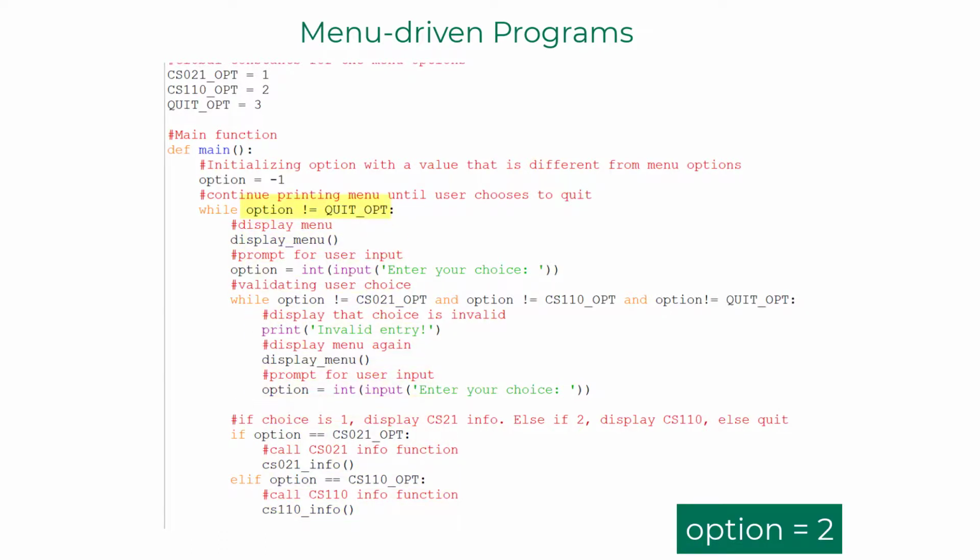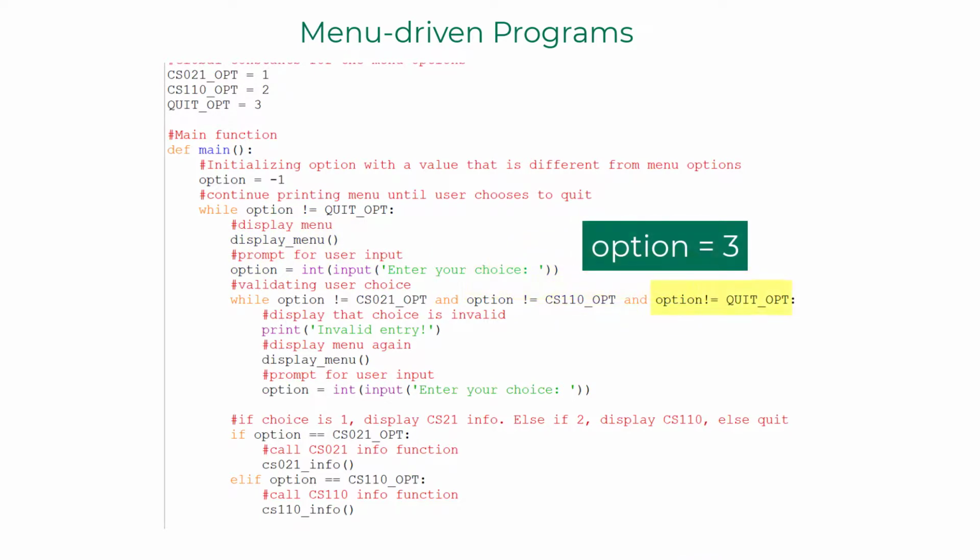Now, as the option is not equal to quit_opt, which is 3, we enter this while loop again, prompting the user to enter choice. If the user enters 3, then this condition will be false. So we will not enter the while loop. Then none of these conditions are true as well.